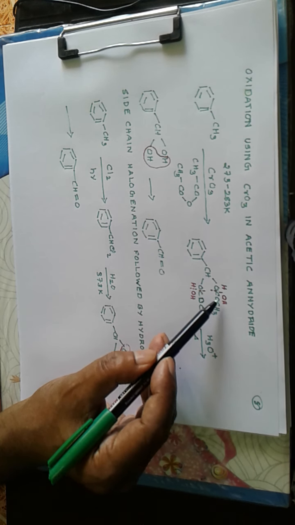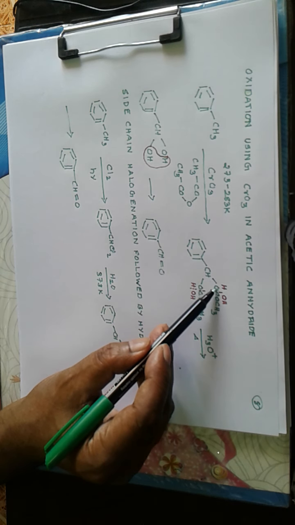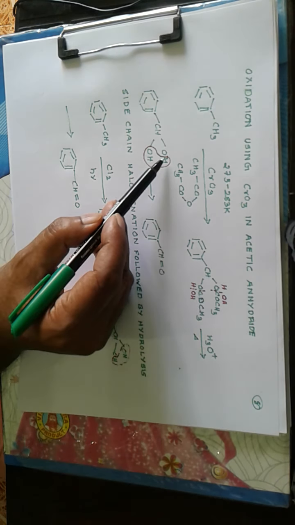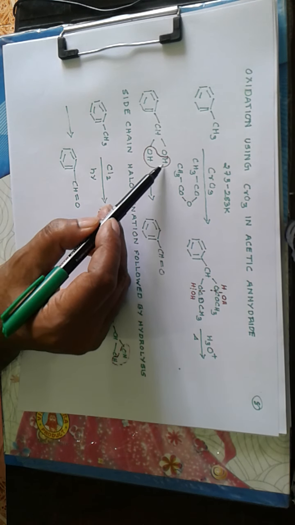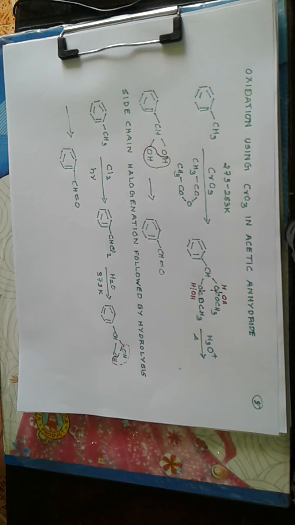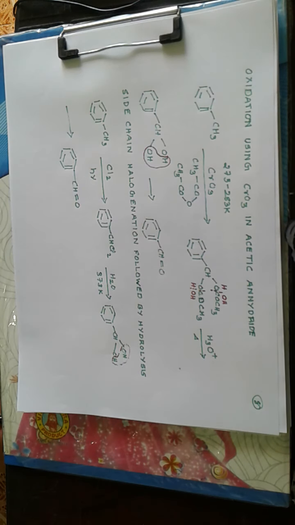So CH3COOH is removed, and we get CH(OH)2. Then this molecule being unstable removes a molecule of water, and we get CHO. So that is one method using chromium trioxide in acetic anhydride.